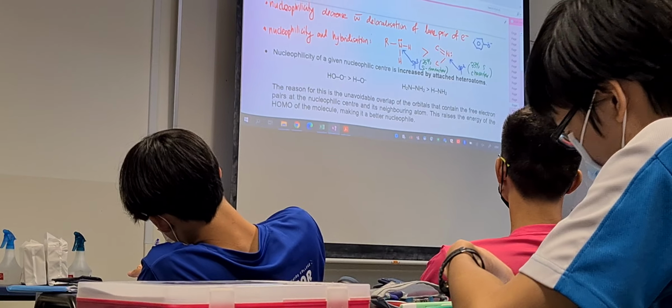It's the S character issue. sp3 has 25% S character, sp2 will be 33% S character. The S orbital is closer to the nucleus, more strongly attracted to the nucleus.